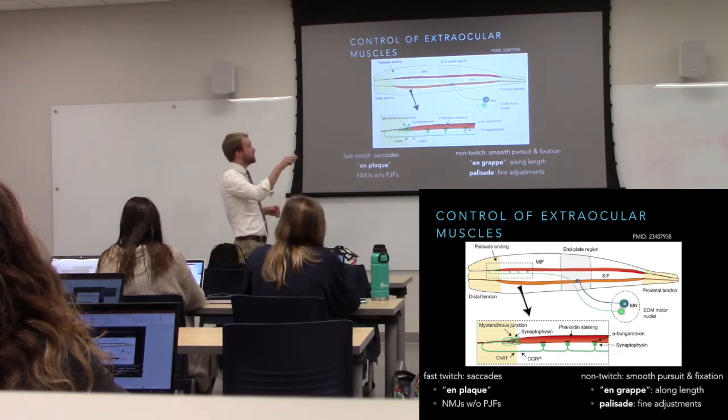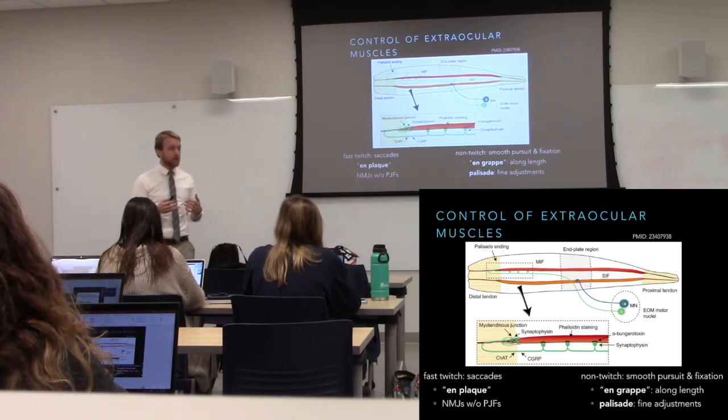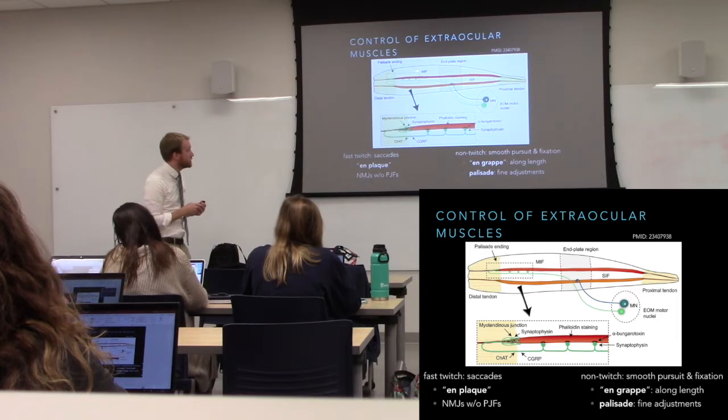These non-twitch fibers don't fire action potentials. They get those gradations in depolarization, but they never actually fire an action potential. So the depolarization you get here spreads passively. It's not actively propagated throughout the entire muscle fiber. And that's why we're going to have multiple grapes along that vine, because each of these grapes is going to provide local depolarization.